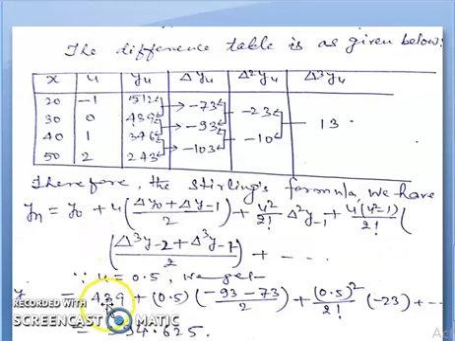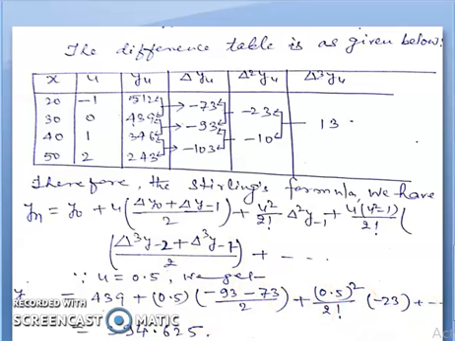The value of x0 is 30, and the value in front of 30 is called y0, which is 439, plus u, that is 0.5, times (del y0 plus del y of -1) divided by 2, that is minus 93 minus 73 divided by 2, plus 0.5 squared divided by factorial 2 times minus 23, plus and so on.